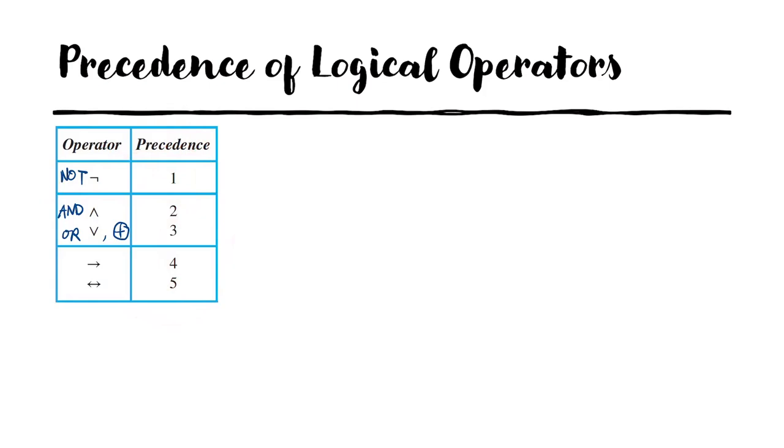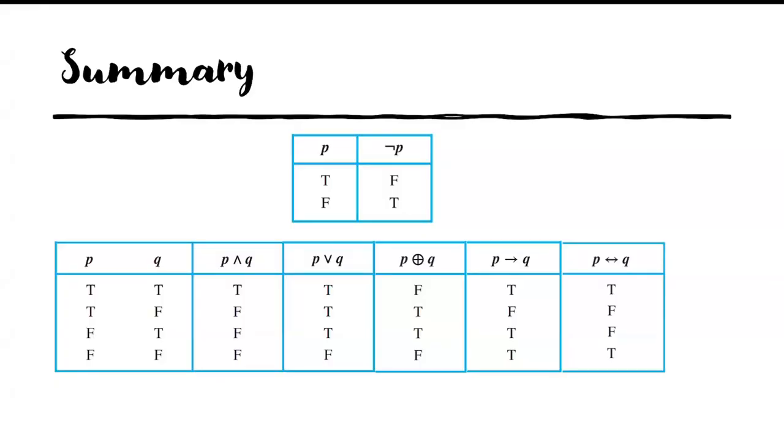I see people asking, what's the difference between or and exclusive or? For the or, we are referring to the inclusive or. Let me bring you back to the chart. For the disjunction, you have P or Q. You could have P true and Q false, or Q true and P false.